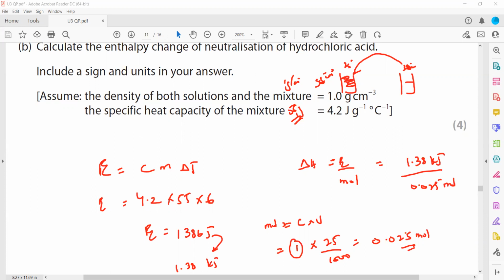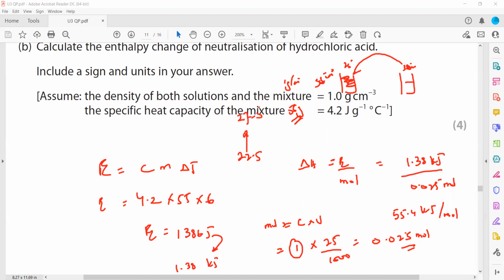So when we divide this, we'll get 55.4 kilojoules per mole.